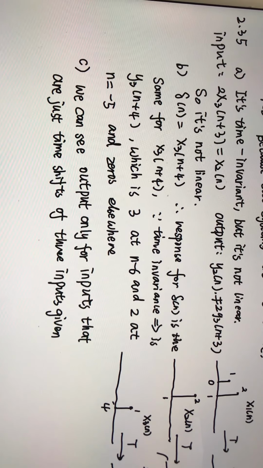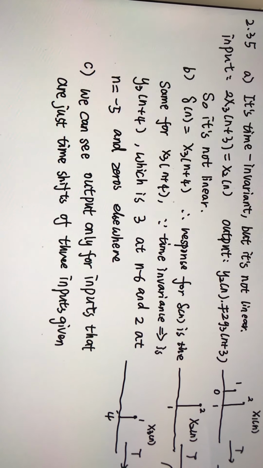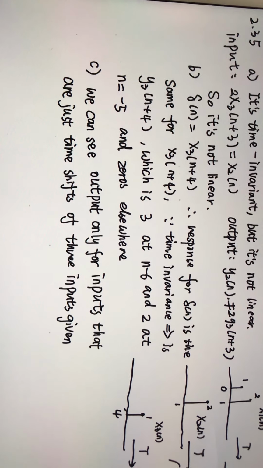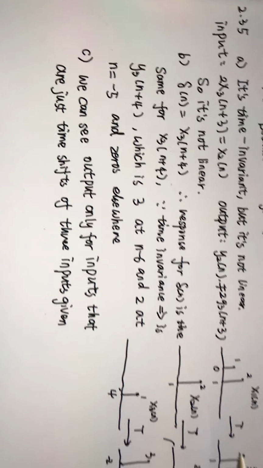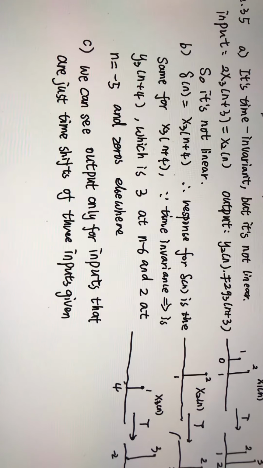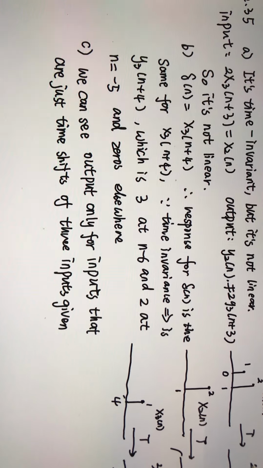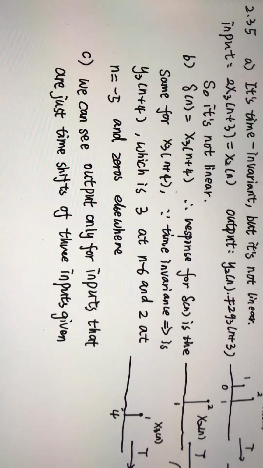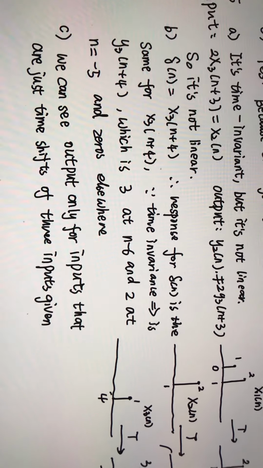And for the second question, if the input x[n] to the system T is the delta[n] function, what is the system response y[n]? We know the delta function is like this: when n equals 0, the delta function equals 1, and the other part of this function equals 0.